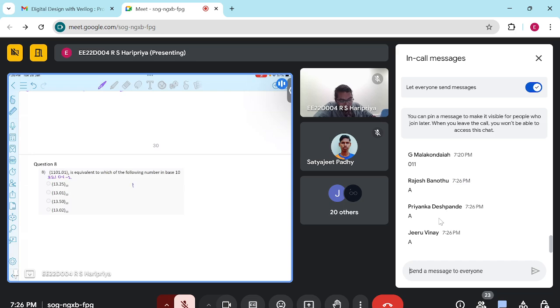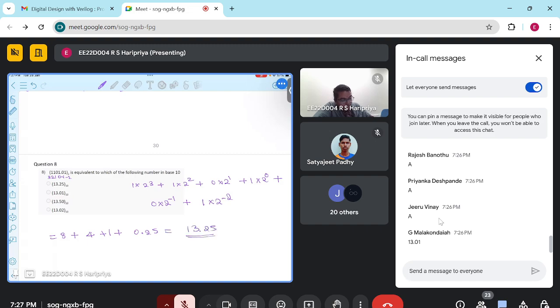So it is 1 into 2 to the power 3 plus 1 into 2 to the power 2 plus 0 into 2 to the power 1 plus 1 into 2 to the power 0 plus 0 into 2 to the power minus 1 plus 1 into 2 to the power minus 2. So it is 8 plus 4 plus 1 plus, which is equivalent to 13.25.